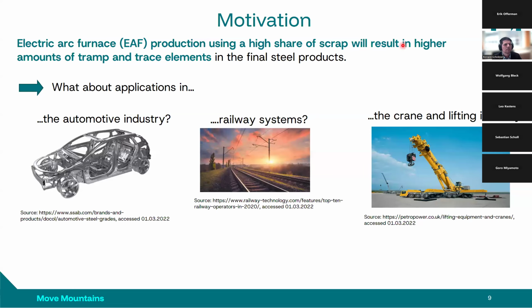A profound knowledge about the influence of these different elements on the nano and microstructure is necessary, so that the properties and performance of these steel grades can be used as has been done over the last decades.